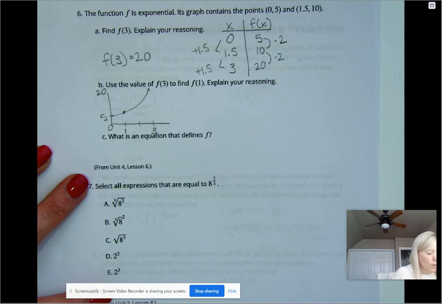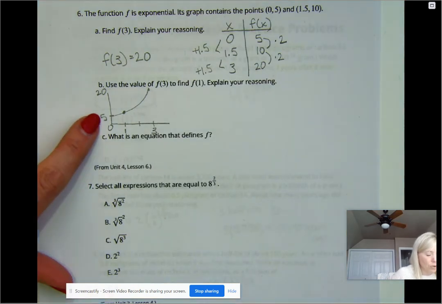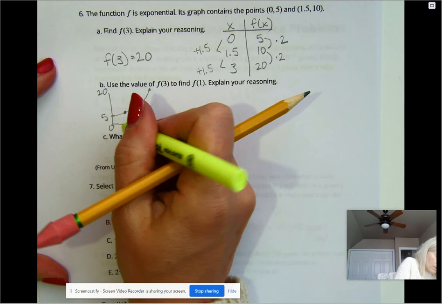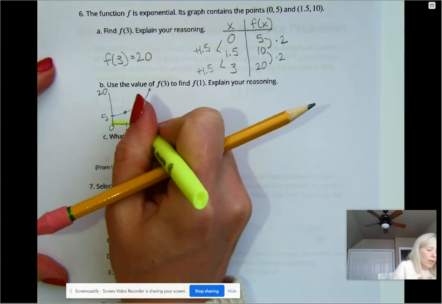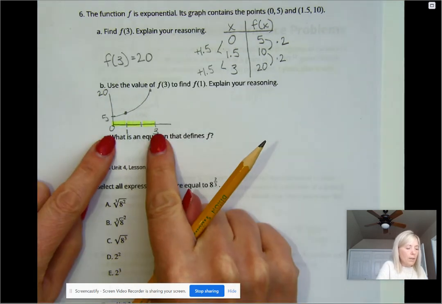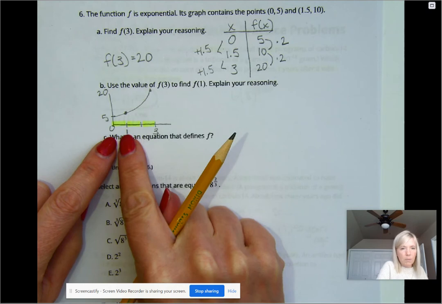Okay. So I know to get from 5 to 20 is multiplying by 4, right? And then this is 1/3 of the way, the distance between 0 and 3. 1 is 1/3 of the distance between 0 and 3.